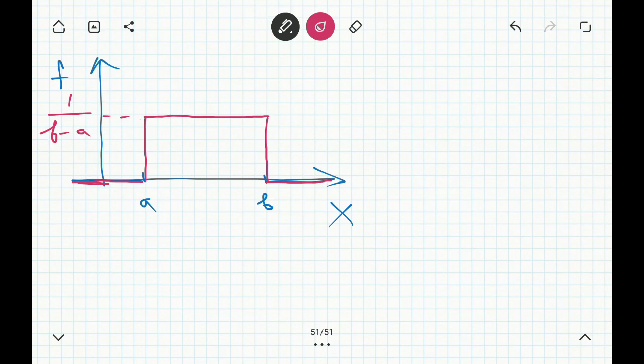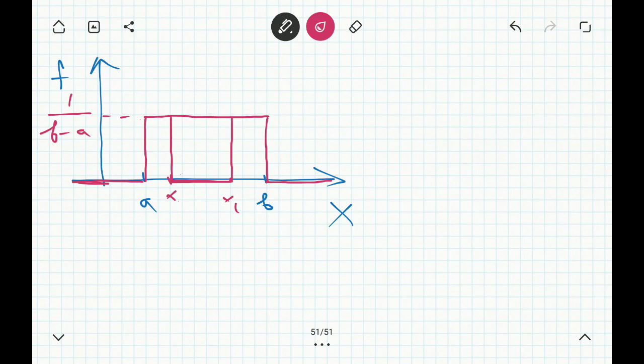And if you want to find the probability that your x is somewhere between x1 and x2, you take x2 minus x1, which is just the length of this segment, and multiply it by your density function. But our density function is just the height of a rectangle here.